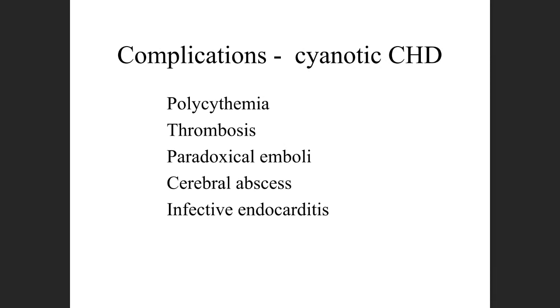The complications of cyanotic congenital heart disease are polycythemia, and there are some authorities which prefer to use the term erythrocytosis, which refers to increase in the level of the red blood cells, rather than using polycythemia, which implies that you have increase in red cells, white cells, and platelets. But loosely, polycythemia is still used to describe that clinical feature.